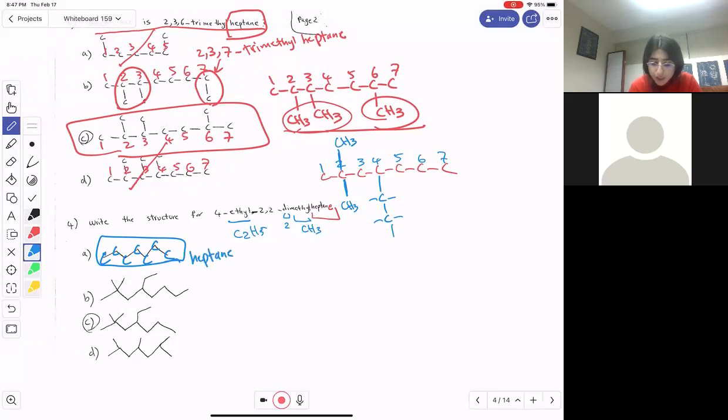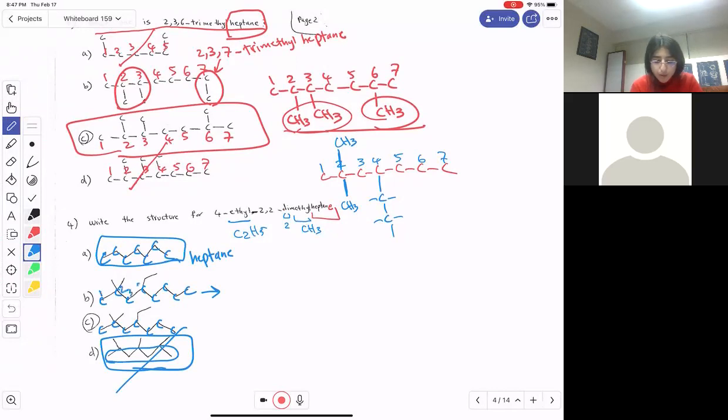And this one has 3 branches, 3 methyls. It doesn't have any ethyl, so that is wrong. Between these two, you see 1, 2, 3, 4, 5, 6, 7, 8. Even without writing the name, this is something 2,2-dimethyl.